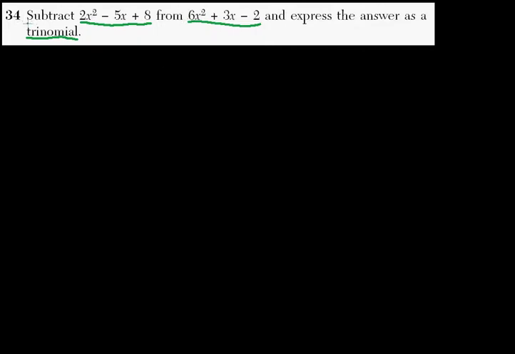So the wording here is saying subtract this one, this 2x squared, from this one. So that means we write this one first, and then we subtract this one from it.